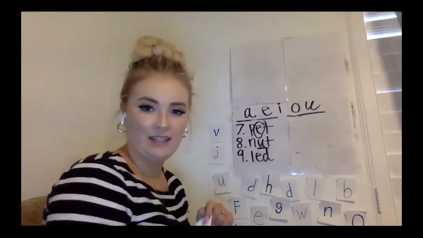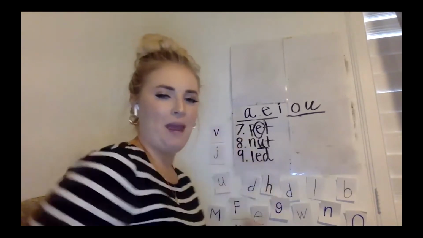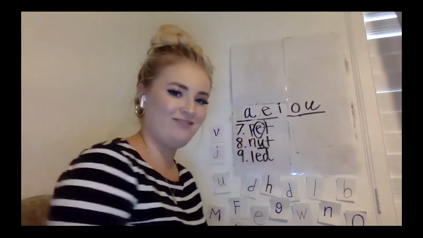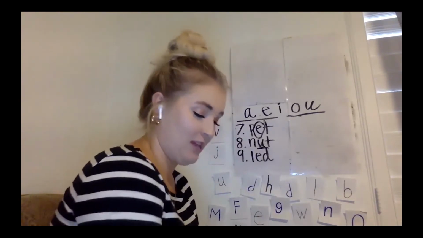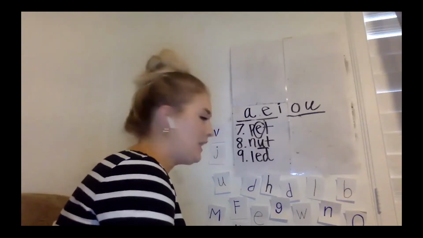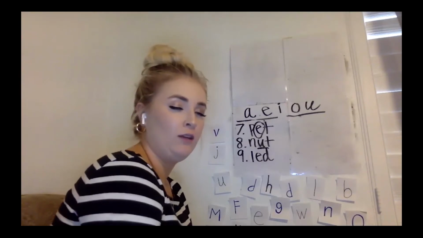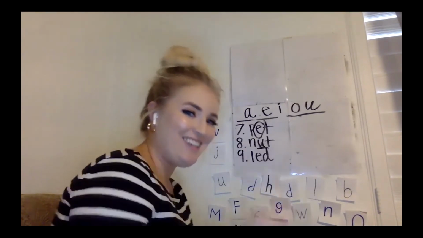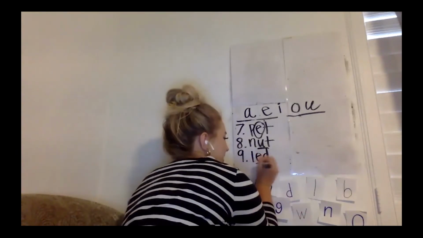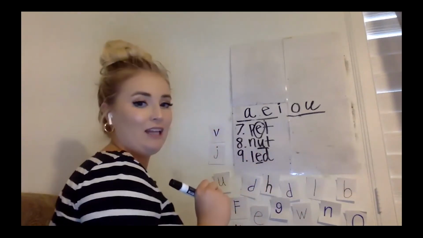Led. Like I led my parents to the mall. So led, which letter sound is our vowel? Is it U? No, is it E? Yes, very good. It's our E sound in led.